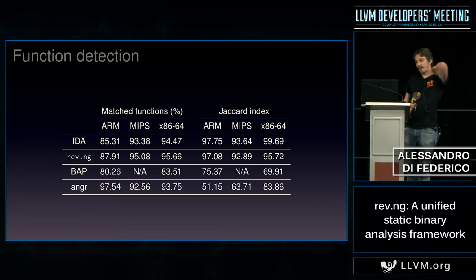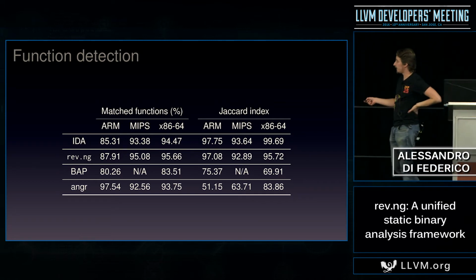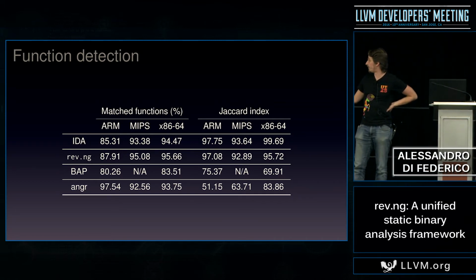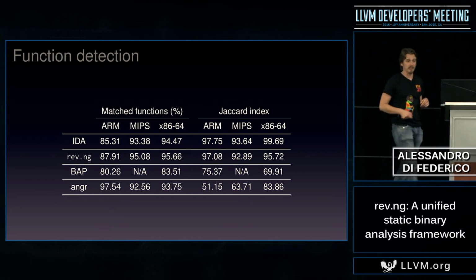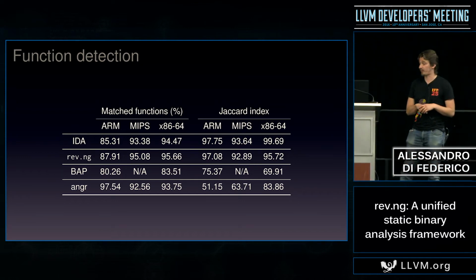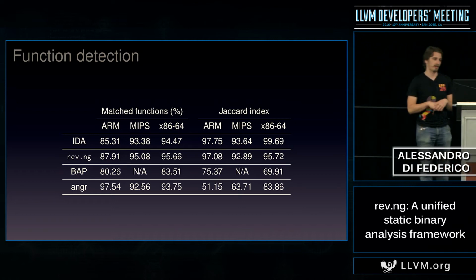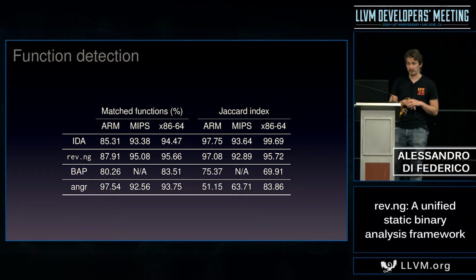For what concerns function detection, we compared our approach with IDA, which is the industry standard for static binary analysis, with revng, well, revng is us, with BAP, which is a tool for static binary analysis developed by CMU, and with angr, which is not only static binary analysis, they also do symbolic stuff, developed at UCSB.